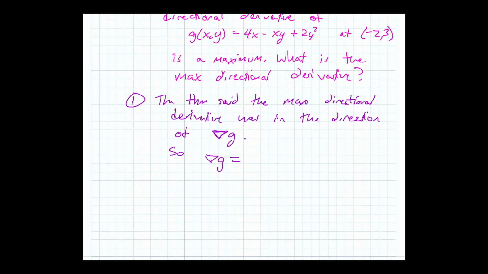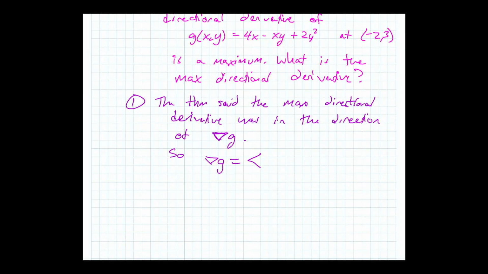So what's the gradient of g? Well, we're just taking partial derivatives again. Partial with respect to x: derivative of 4x is 4, derivative of negative xy is negative y. That's it. Comma.